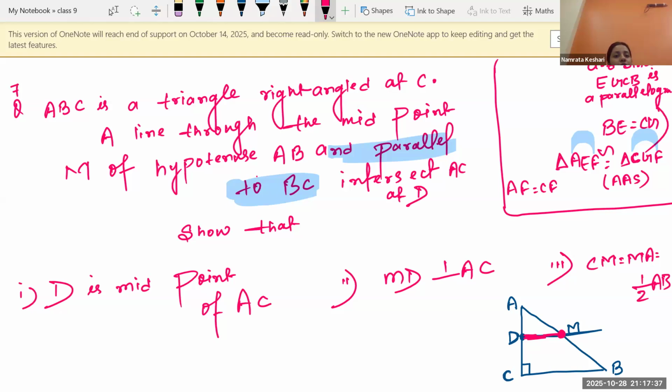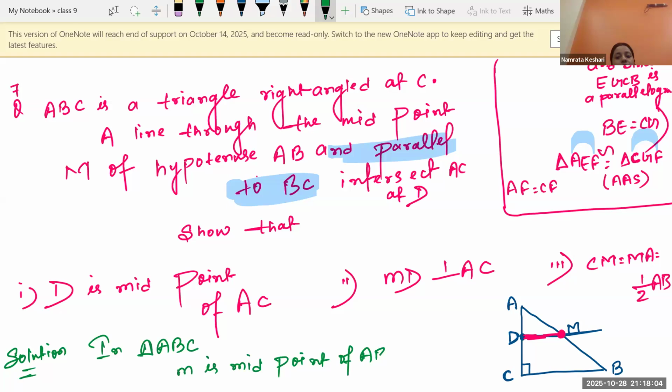We are done with the first part of the proof. You have to write it. You will say in triangle ABC, M is the midpoint of AB and DM is parallel to BC.